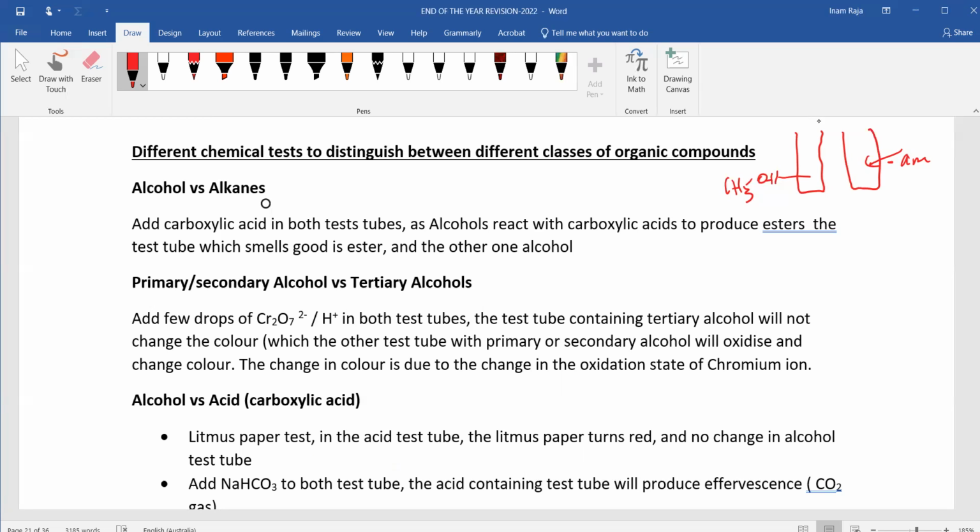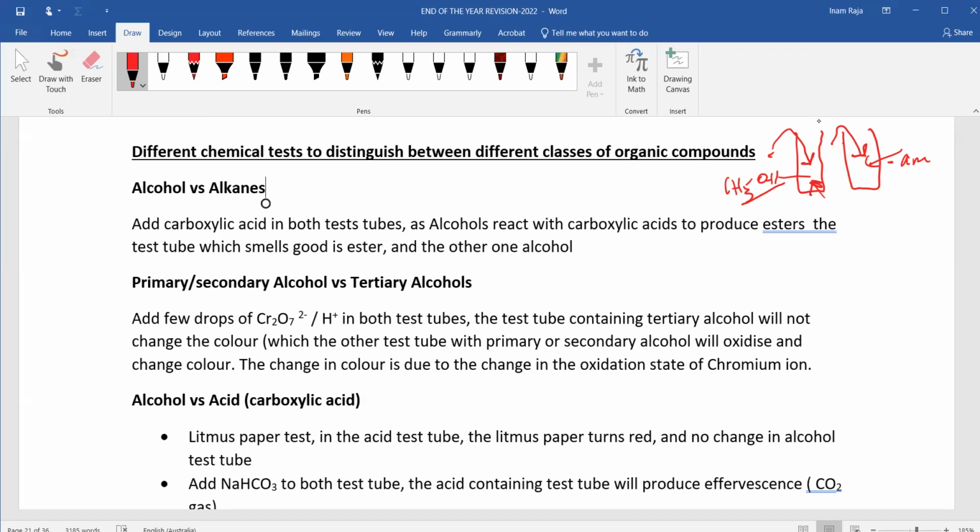You add a few drops of carboxylic acid in both. Alcohol reacts with carboxylic acid to form ester. The one which forms ester smells good like perfume.